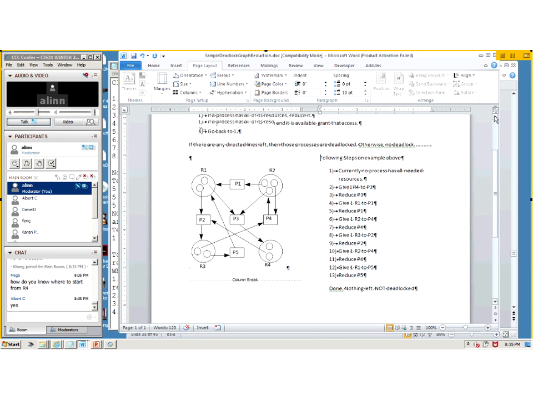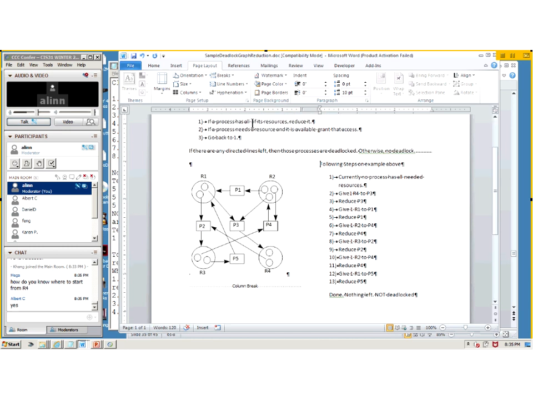Well, you start with the first rule. If a process has all its resources, reduce it. Well, I don't have that situation, okay? I don't have a situation where it has all of its resources. So I go to step 2.